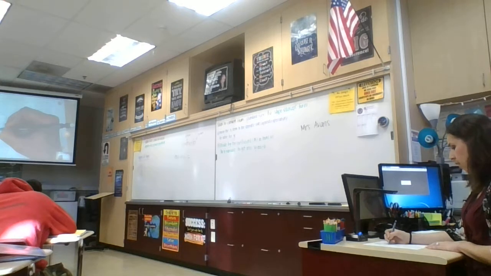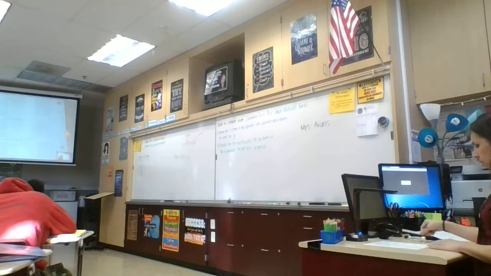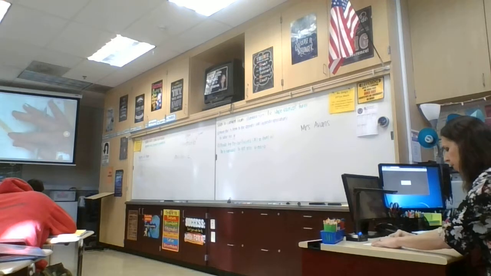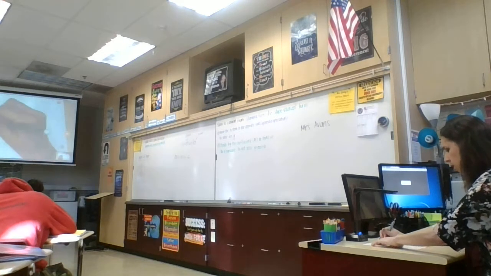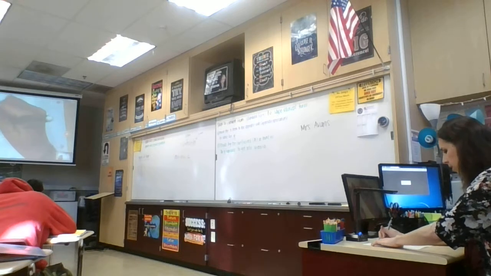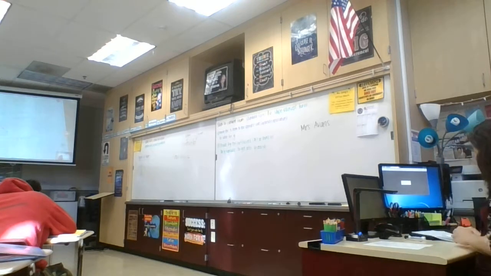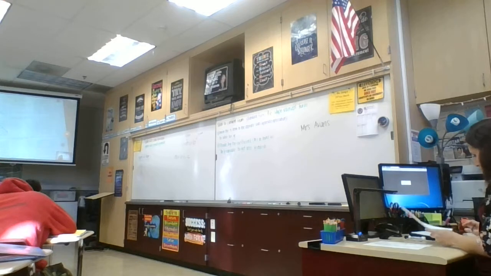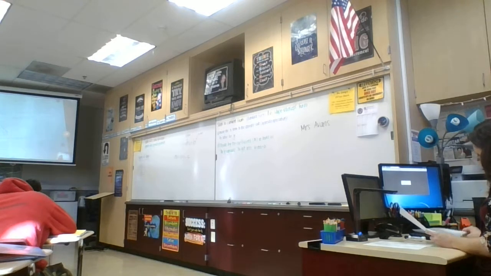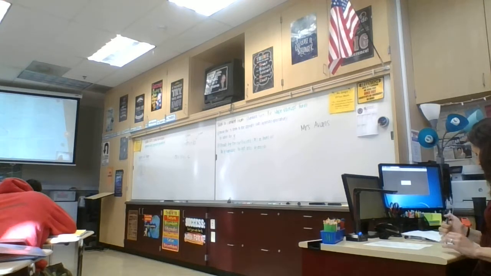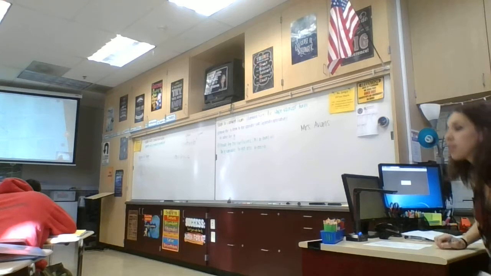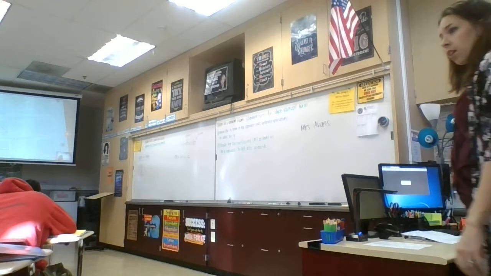So rise is negative 4, run is positive 3. And our graph should look something like that. I want you guys to try 15, 16, and 17 on your own.